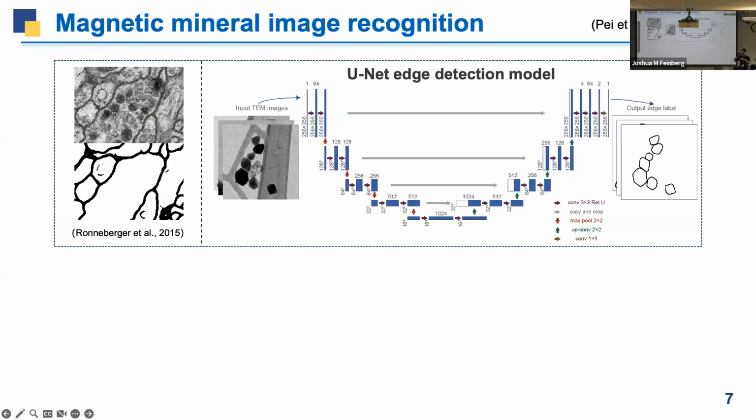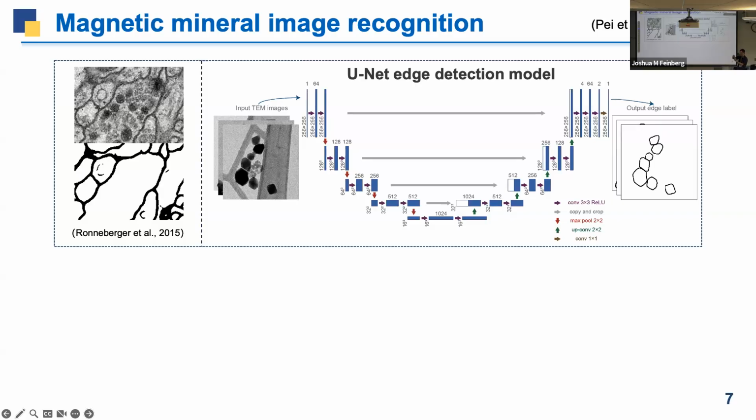Thanks to previous talks, I think you may have a general grasp of this model. Basically, it was originally developed for medical image detection, like detecting cell boundaries. Because I think magnetic minerals and cells share some similar features, we adapt this U-Net model to predict the mineral edge.